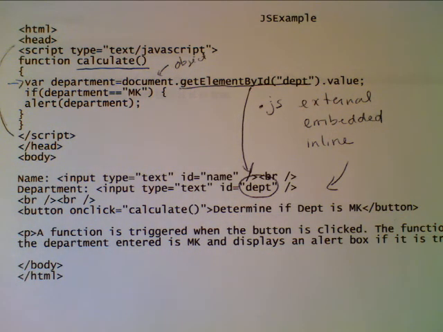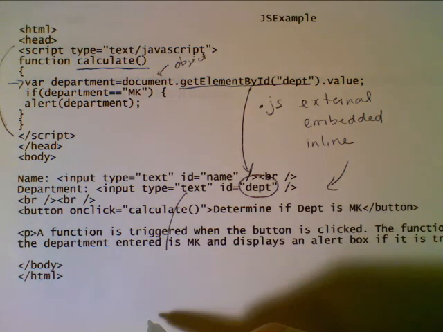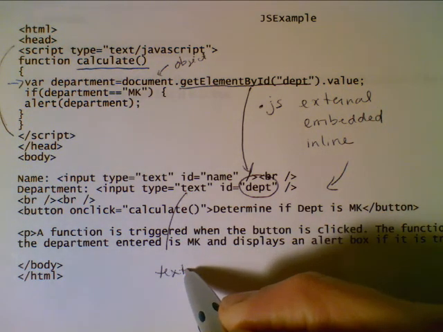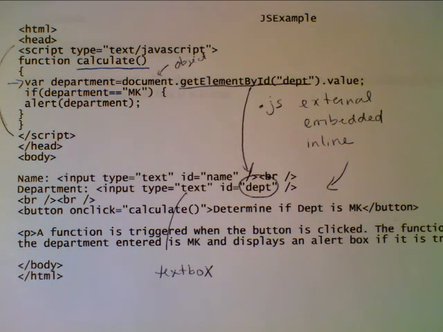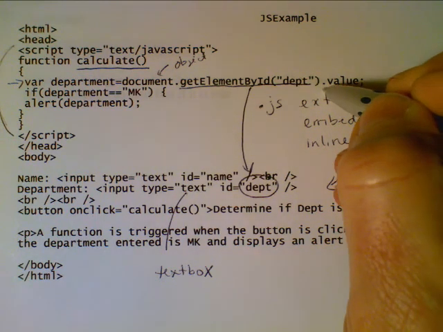We have an input element, which means it's going to be some kind of a form element. Its type is text, which really relates to a text box. And its ID is department. So we can use the getElementById method of the document in order to find out what is one of the elements, and if we do in fact find one called department, we are then retrieving its value.